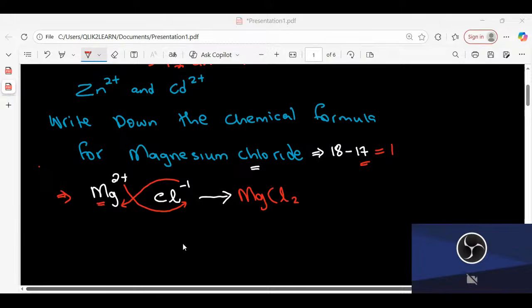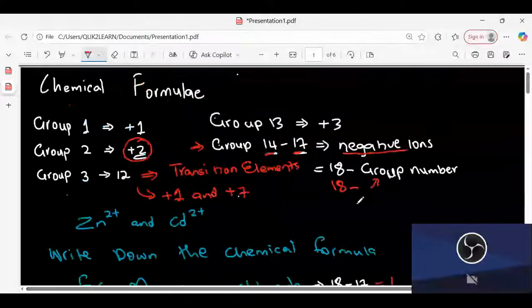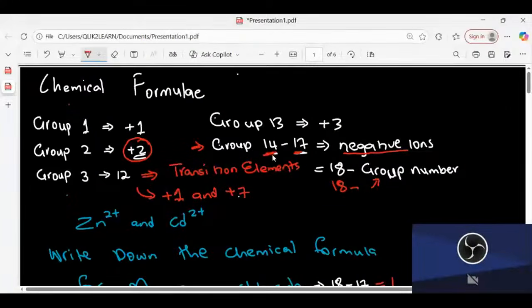You guys understand that part? Oh, okay. Nkosi is asking, why do we get minus 1? Let me explain. Listen, let's go back. We are saying that the elements from group 14 to 17 have negative ions.